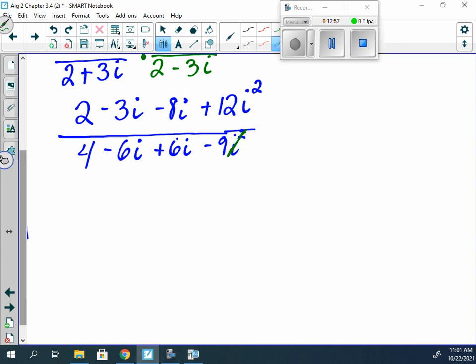Well, i squared, we know it turns into negative 1, so it's really changing the sign in front of it from negative to positive. Now in the numerator, it's going to change the sign in front of 12. Well, it's already positive, so it's now going to be negative. Also in the denominator, negative 6i plus 6i is 0.